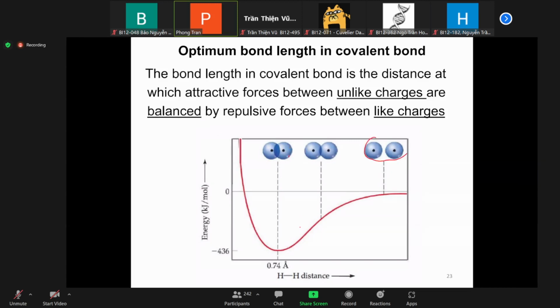When the two atoms are very far from each other, there's no interaction. So they are two individual, separate atoms. Then the total energy of the two will be equal to the sum of the energy of the two atoms, right?